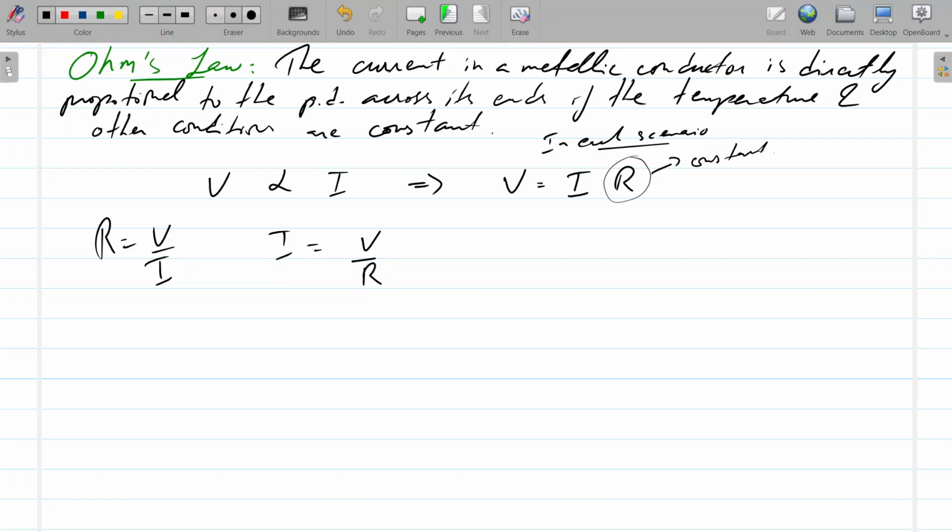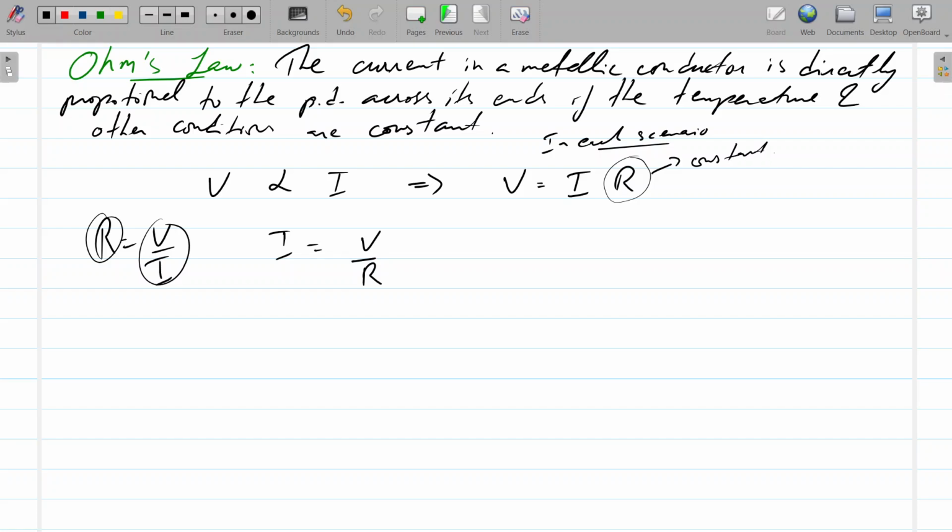And that proportionality again tells us that V over I equals a constant, which in this case is the resistance.